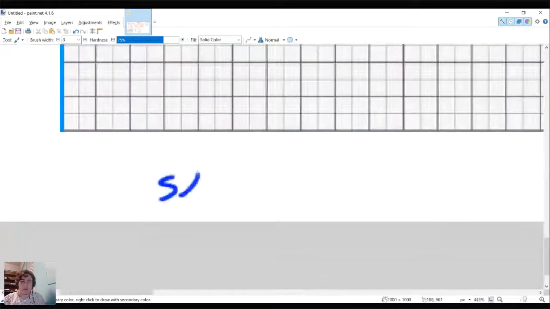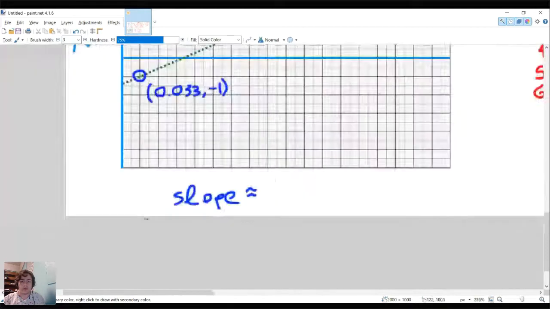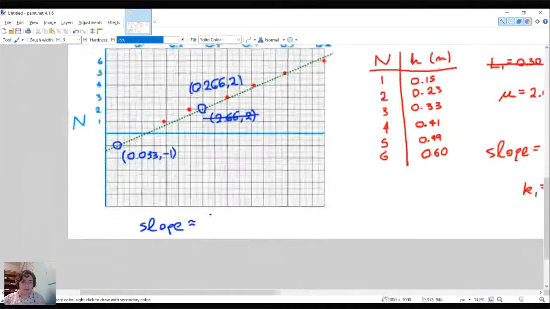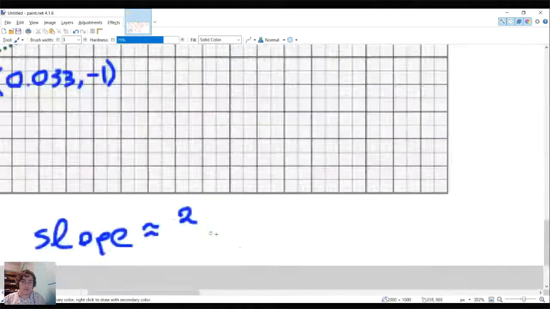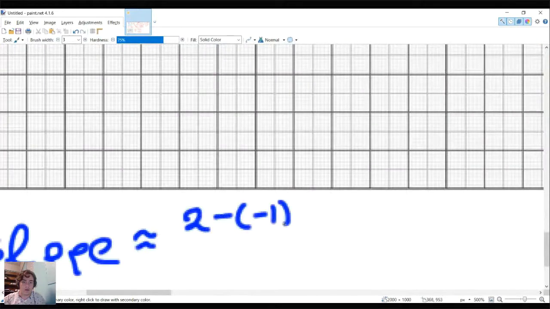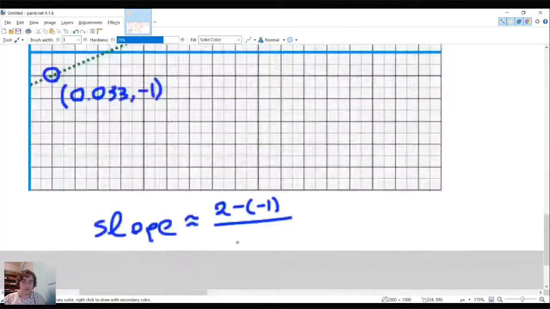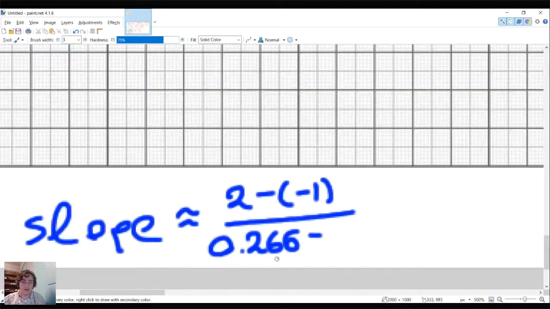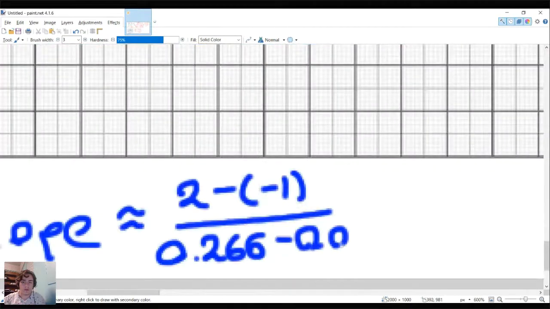So to find the slope, we do rise over run. And the slope, we'll say approximately because we don't really know. This is just some data set. So the first point would be 2, the first y value, minus -1, over run, which is 0.266 minus 0.033.